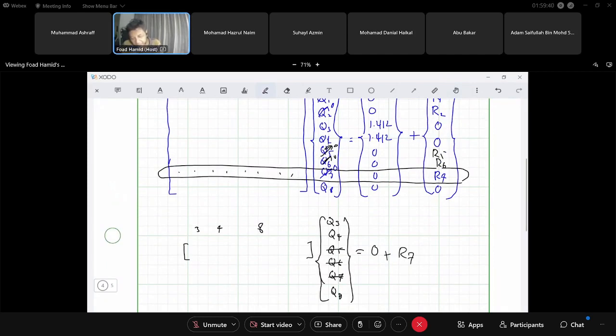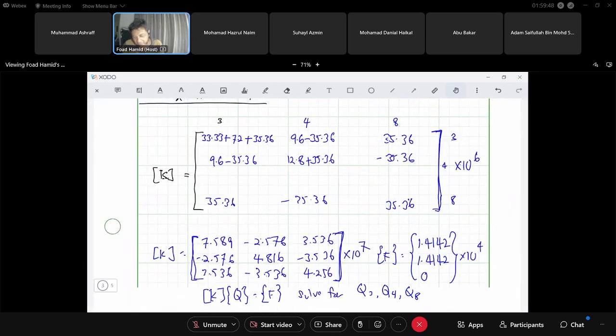Okay, the one that involves Q7, row 7, 3, 4, 8. Okay, row 7, 3, 4, 8. So let's look at row 7, 3, 4, 8.